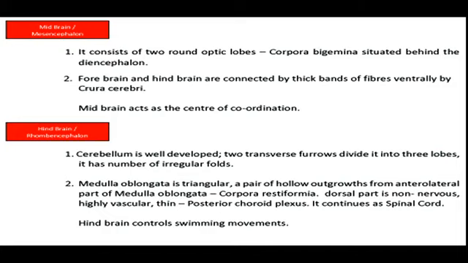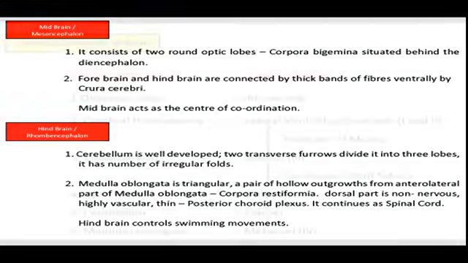Dorsal part of this medulla oblongata is non-nervous, highly vascular and thin, and this region of the brain constitutes the posterior choroid plexus. The anterior choroid plexus is seen in diencephalon and posterior choroid plexus is seen in medulla oblongata. This medulla oblongata continues as spinal cord. So continuation of medulla oblongata itself is spinal cord. Hindbrain controls swimming movements in Scoliodon.